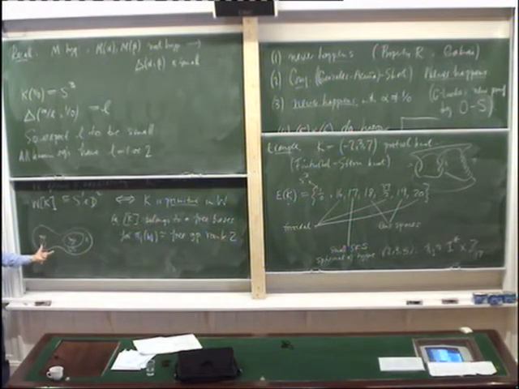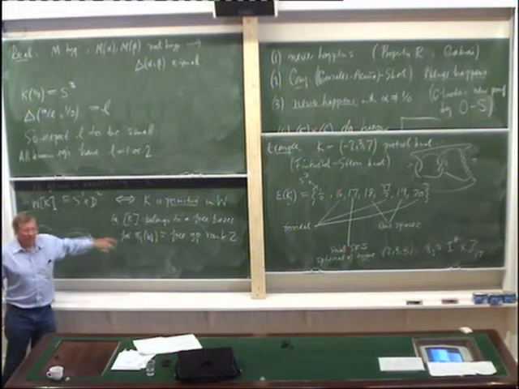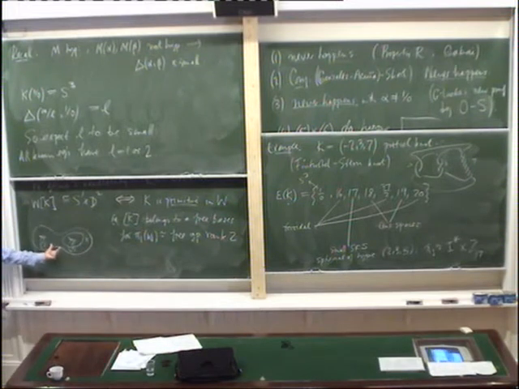I should say that handle bodies are very deceptive. If you haven't thought about handle bodies before, it's easy to think that they're very simple objects. So I've drawn a very simple primitive element. There are 2 disks, and here's a knot that intersects one of them once and is disjoint from the other one. That's equivalent to K being primitive. But the picture can be very much more complicated.